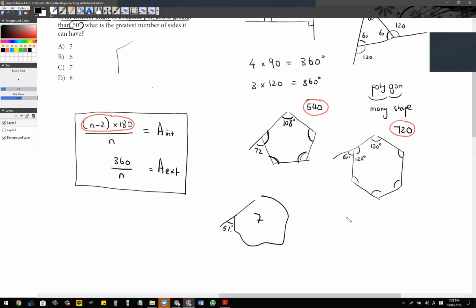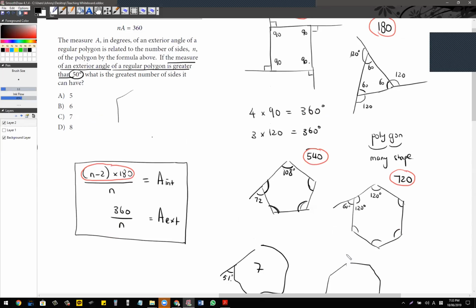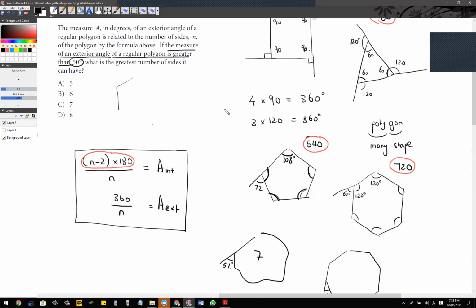If you have 8-sided, like that, what's going to be this angle? 45. So you can answer this question now. So the answer is 7, that's right.